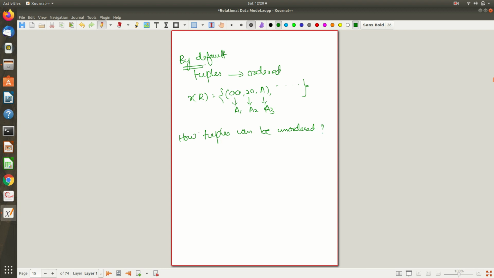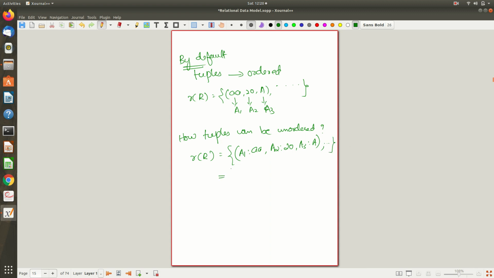What you can do is define them in such a way that I relate each tuple value with the attribute name, then there is no issue. I am saying that A1 has a value A, and A2 has a value 20, and A3 has a value capital A. If I write like this, other tuples will come like that.